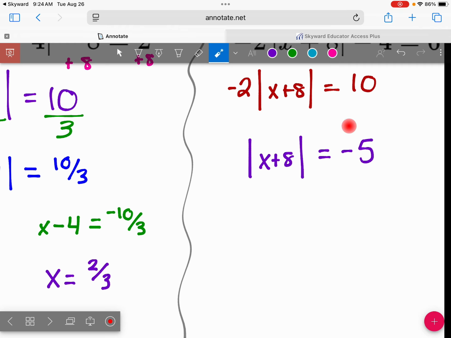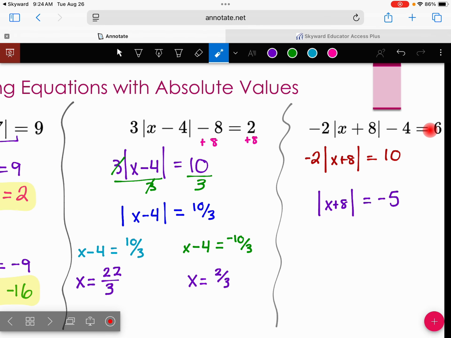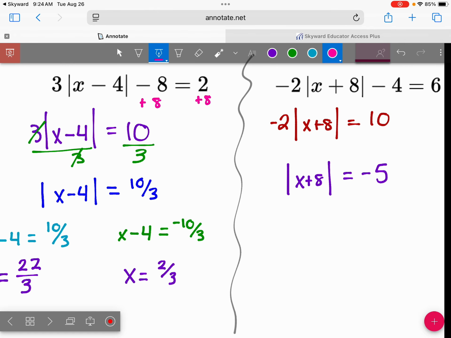If we get absolute value equals something negative, we cannot split it into two cases up here or up here. I can't split it because I'd be trying to make it negative and double negative. So absolute values cannot be negative. This doesn't have a solution. So this is going to be a no solution.